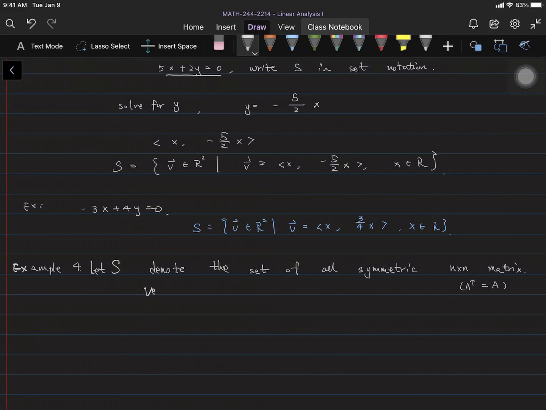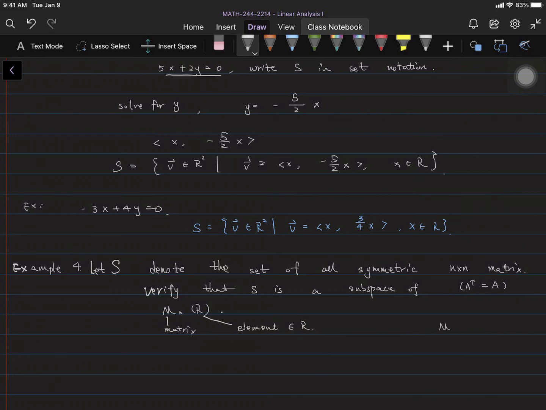Verify that S is a subspace of MnR. What's the meaning of this one? M means matrix, n means n by n order, and R means all the elements belong to R. So this means all the n by n matrices with real number entries.